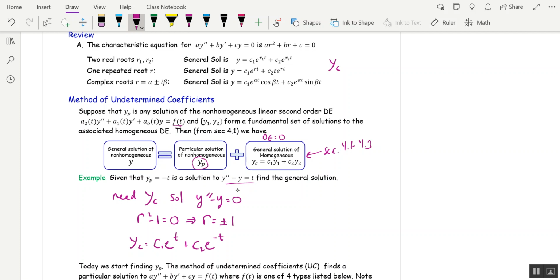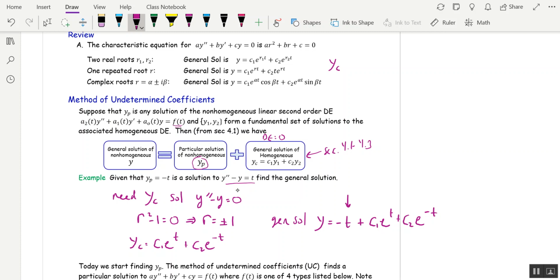And so the general solution of the non-homogeneous is going to be y equal to yp, which is negative t, plus yc, which is c1 e to the t plus c2 e to the negative t.